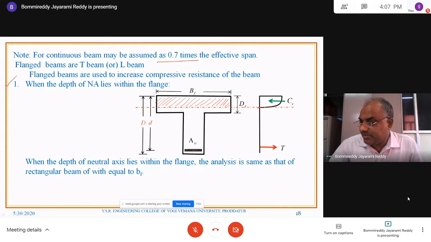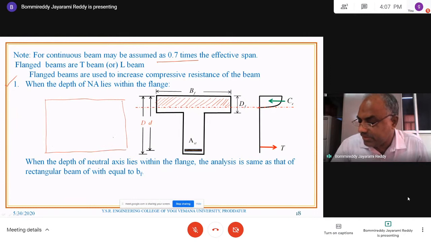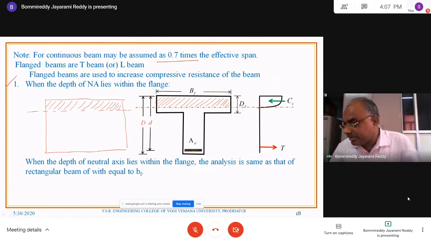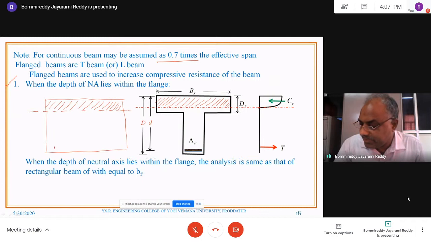You can imagine that if the beam is of such a width and the neutral axis is somewhere here, the moment carrying capacity of this T beam is the same as that of a rectangular beam of effective width.